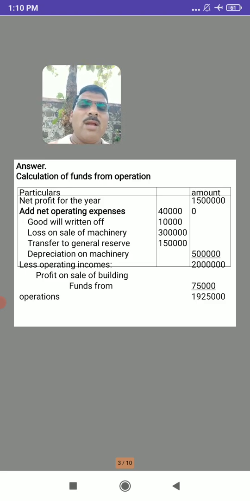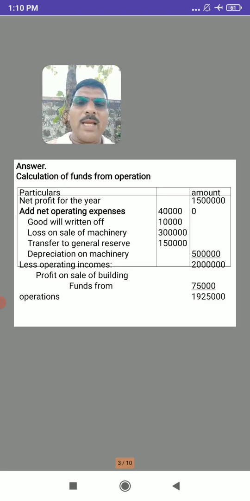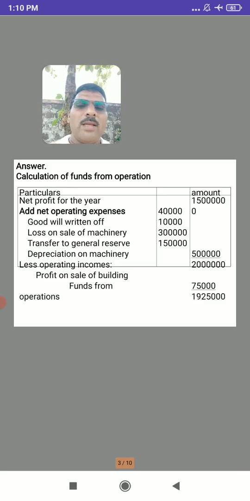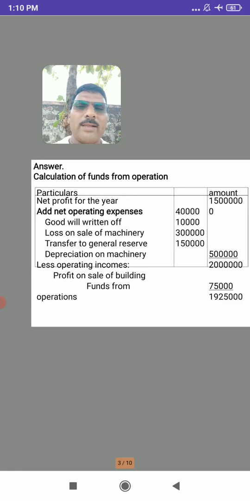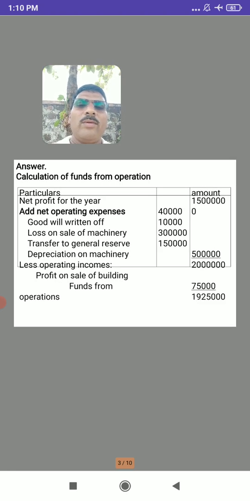Totally we have 5 lakh as non-operating expenses, and we add this to the profit of 15 lakh. The total will be 20 lakh.